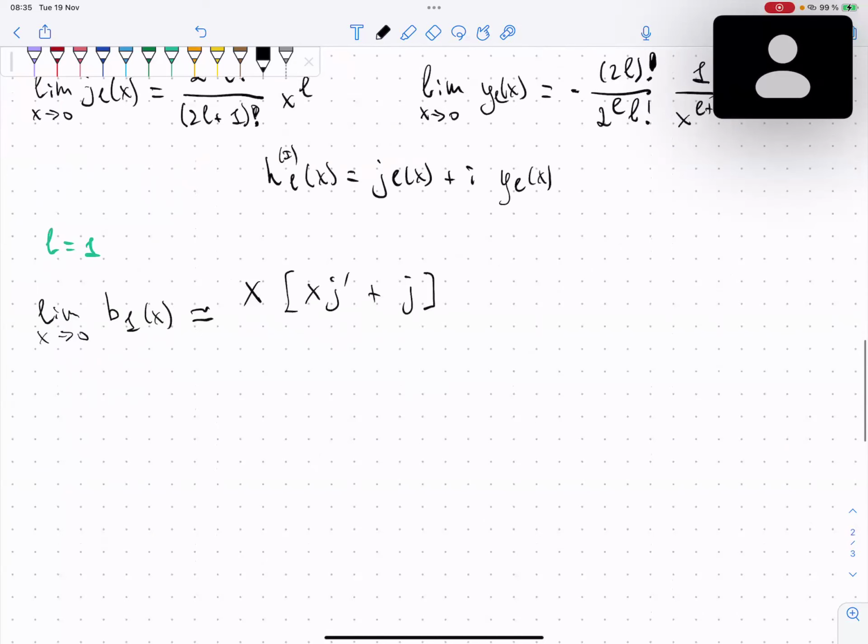So the derivative of a Bessel function is, if I remember correctly, j_(l plus 1) plus j_(l minus 1). Let me check this.